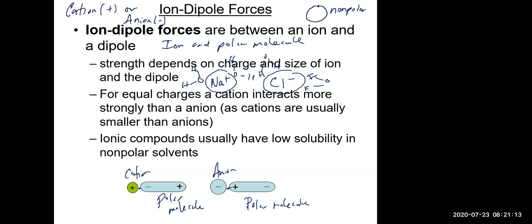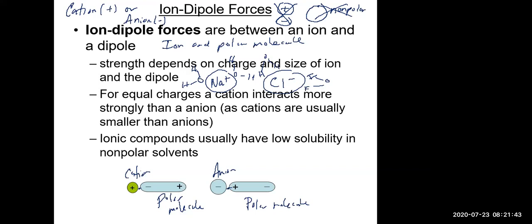So when an ion, like a positive or negative ion, is floating around, it has no way to interact with a nonpolar molecule. That's why when we put an ionic compound into a nonpolar solvent, they really don't mix very well, because over a long period of time they have no way to sustain any type of meaningful interaction with each other.